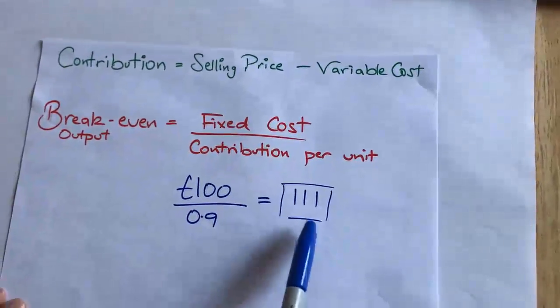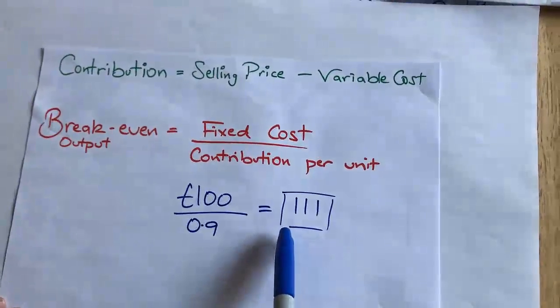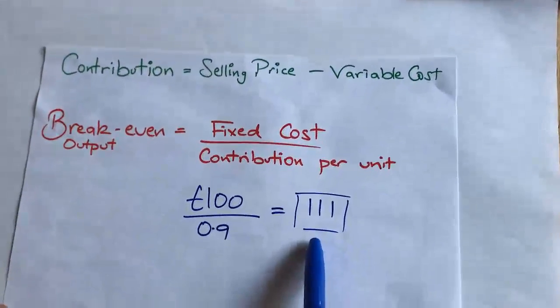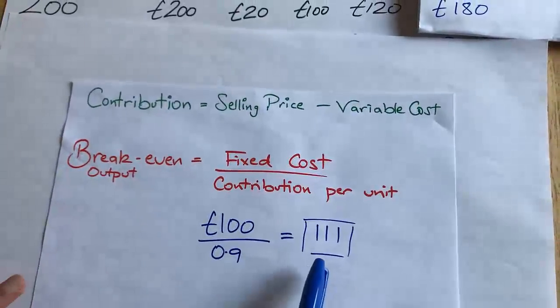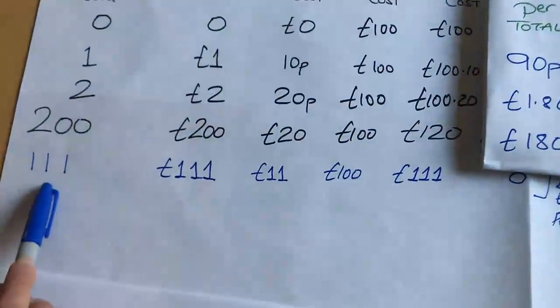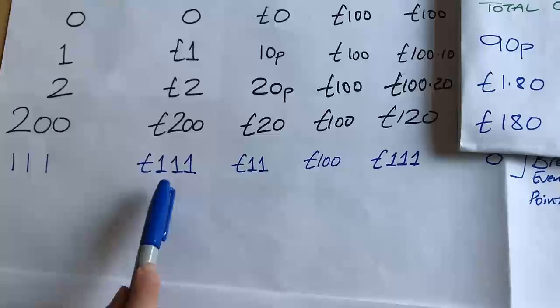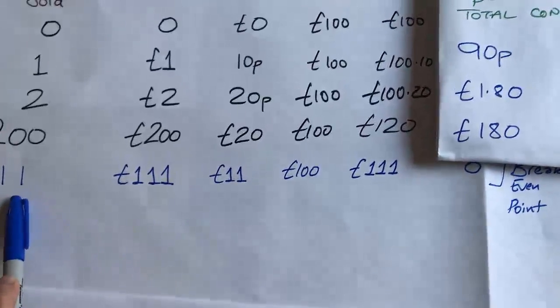The answer is 111. What's 111? 111 is the number of products that we need to produce to break even. So let's now test to make sure that is correct. If we were to make 111 units, we would get £111 from the customer because each unit sells for £1.